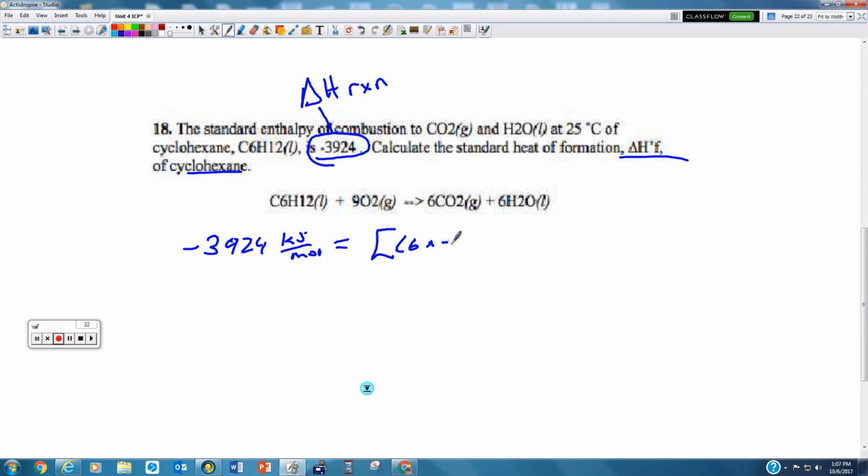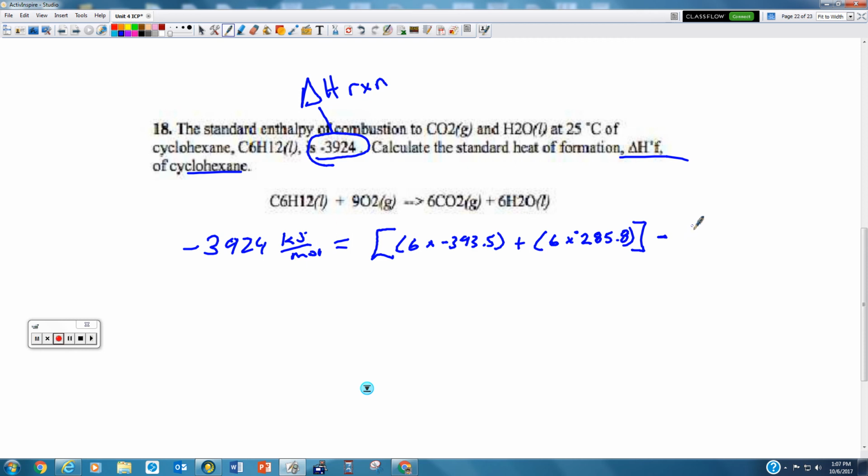All right, so it's going to be 6 times negative 393.5 plus, for H2O gas, so 6 times, what do we have for H2O? Negative 285.8.